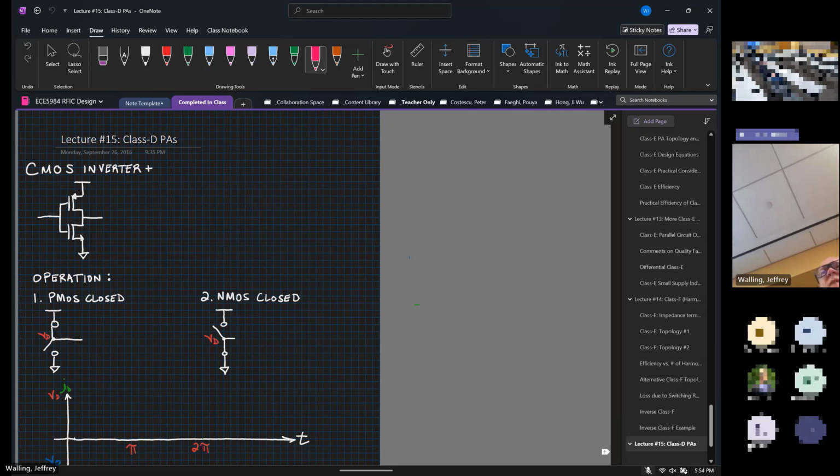Another thing that does happen is if you look at RF amplifiers, they might have slightly different names than their lower frequency analog counterparts. So for instance, the class D, we're going to see in a moment, is a switch with a series resonant filter.